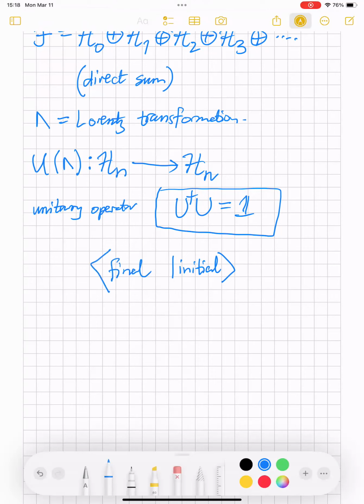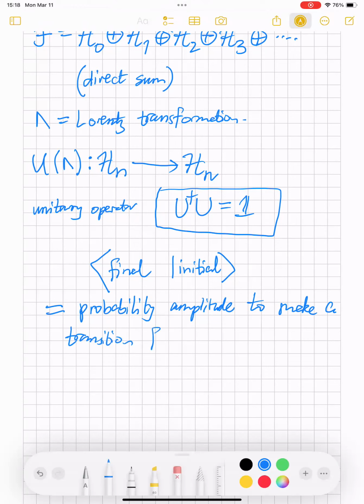This quantity, this overlap here, calculates for you the probability amplitude to make a transition from the initial state to the final state.